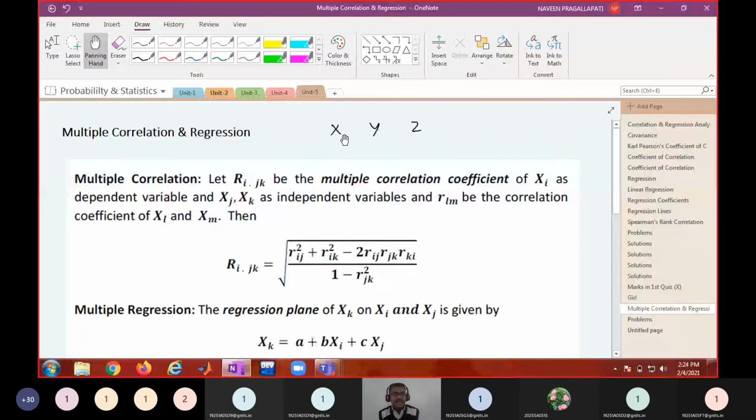Then correspondingly you can have correlation coefficients: treating x as dependent, one correlation coefficient; treating y as dependent, another; treating z as dependent variable, another correlation coefficient.